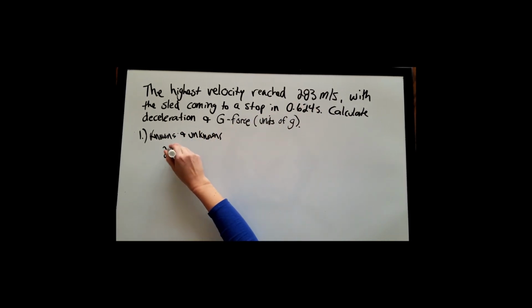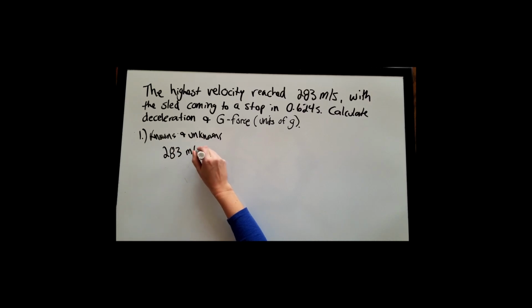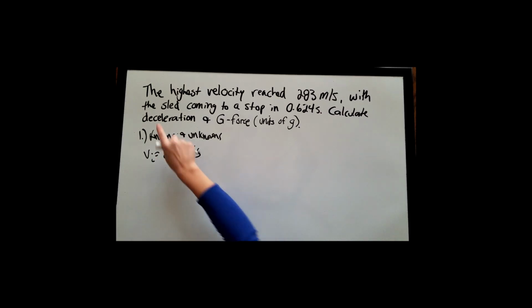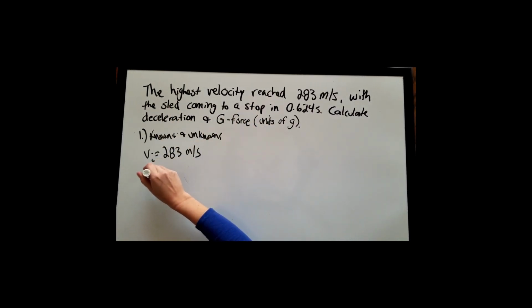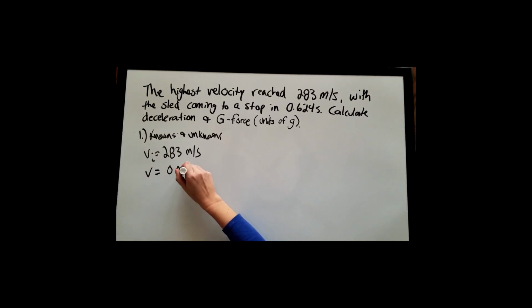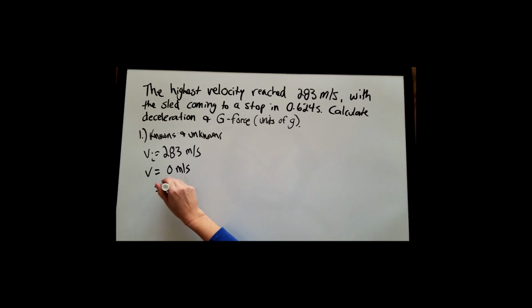That 283 meters per second is going to be an initial velocity, so I'm going to do that v sub i. The sled came to a stop. So since it came to a stop, that tells us what our final velocity is. That's going to be 0. And then it also gives us 0.624 seconds, which is a time.